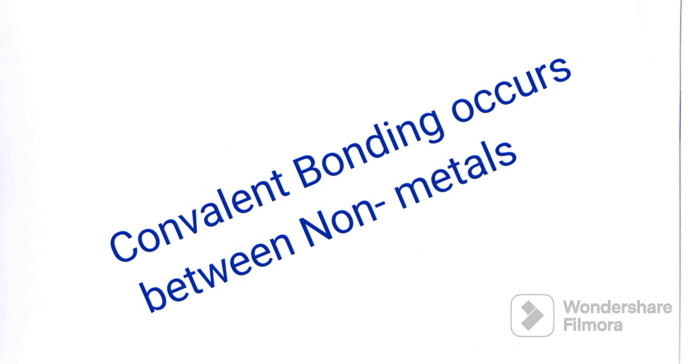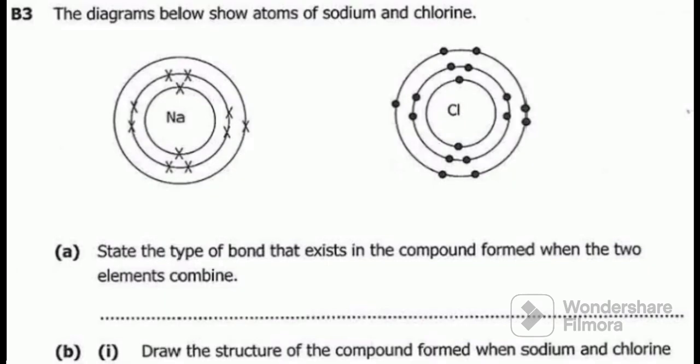You can all agree with me that we have a metal here and a non-metal. Sodium is a metal and chlorine is a non-metal, so this type of bond qualifies to be called ionic bonding.